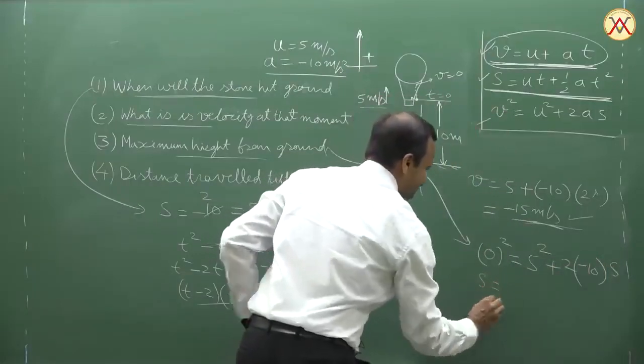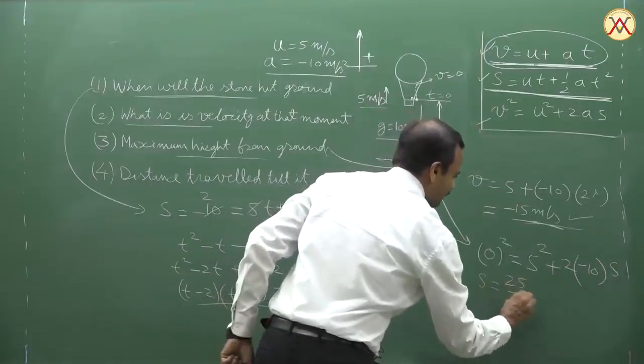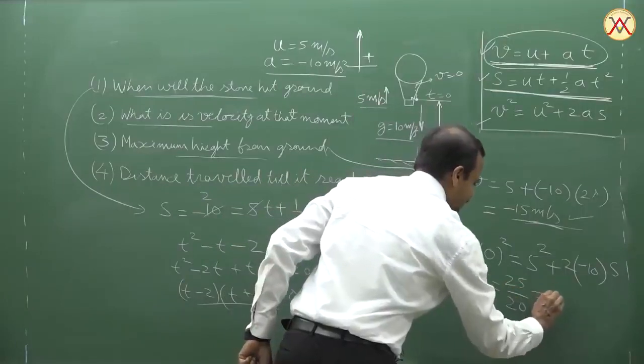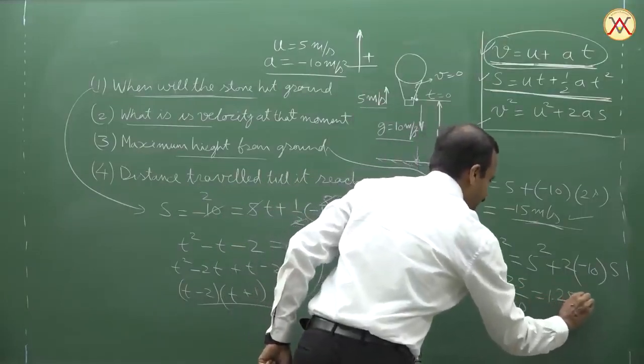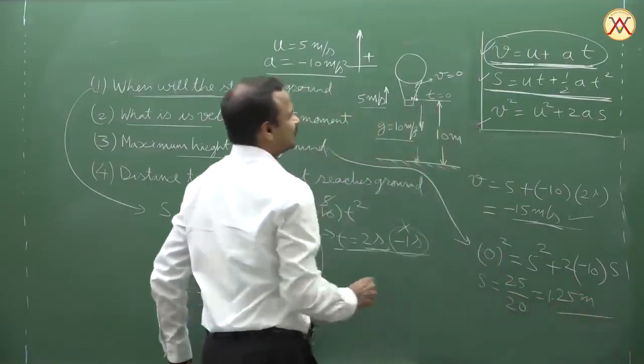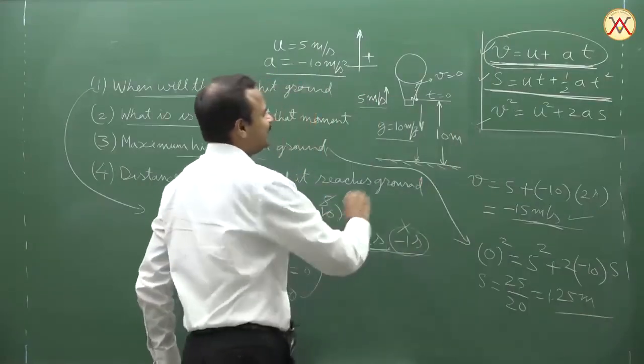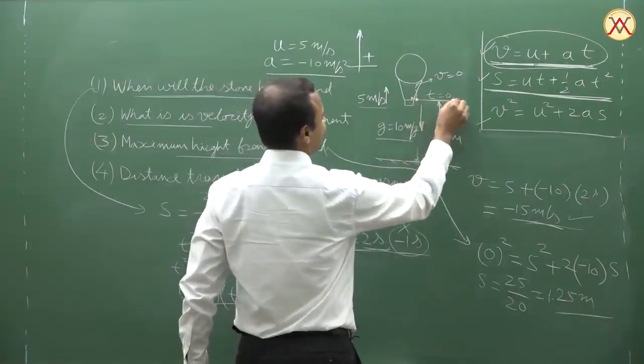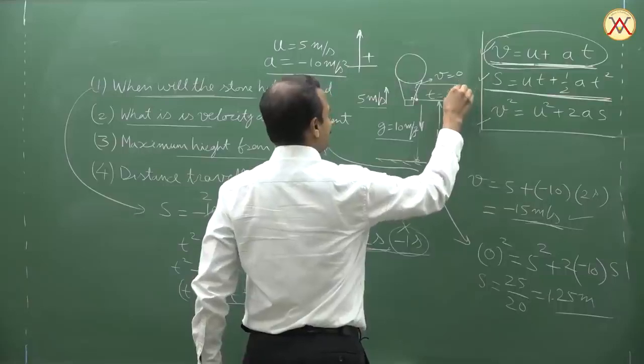This gives me s equal to 25 by 20, which is 1.25 meters. So this 1.25 is the height of stone from its starting point. It's not from the ground.